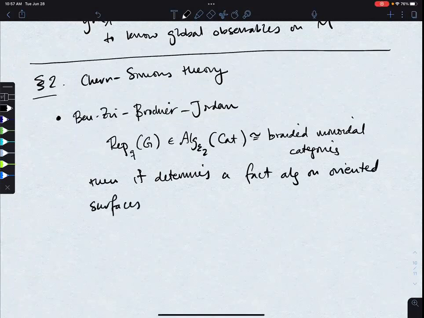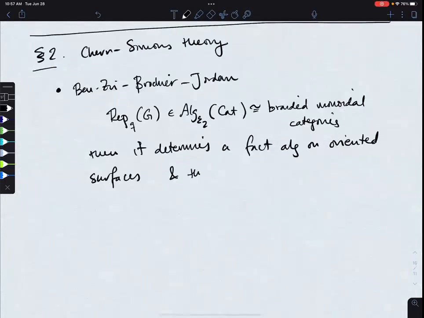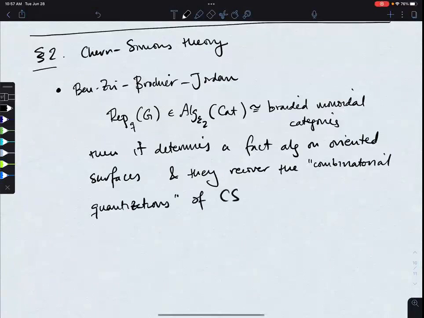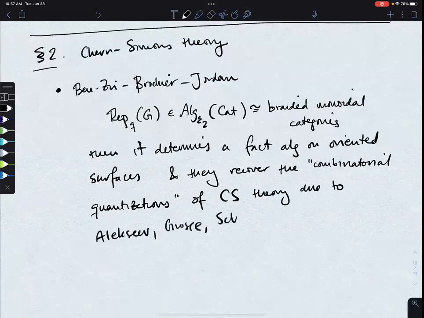And what they find is, they recover by using this factorization method the combinatorial quantizations of Chern-Simons theory due to Alekseev, Grosse, Schomerus, and some others.